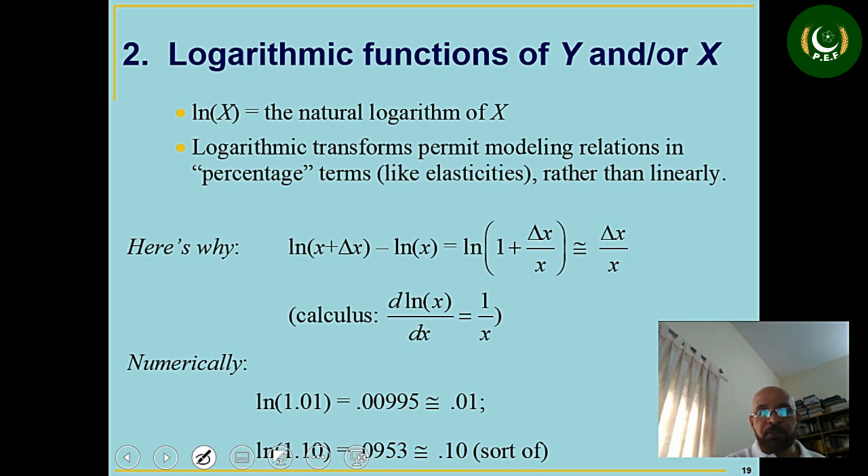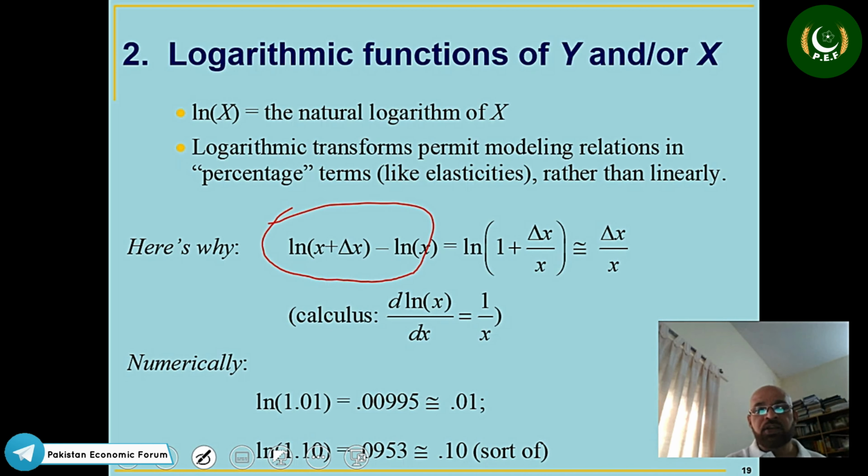You can see from the appendix of the Stock and Watson book that change in this one is the same as percentage growth rate.